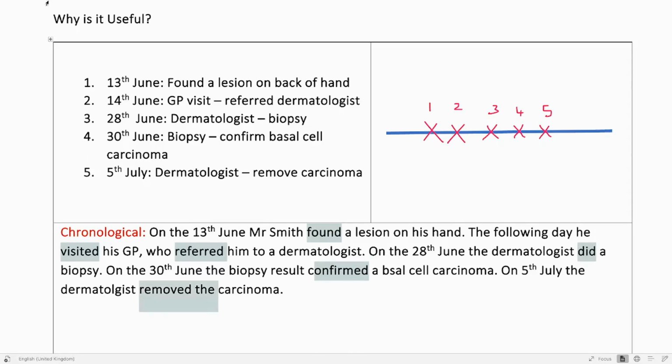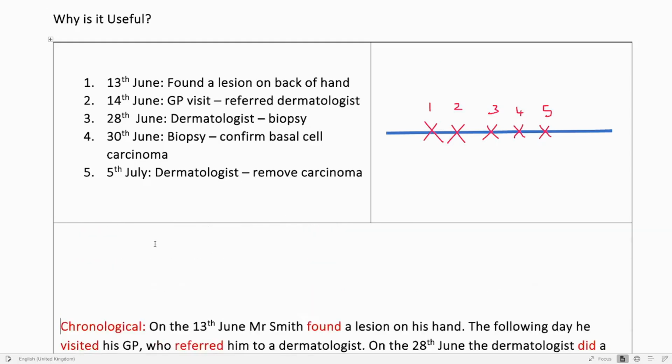They're all in the past simple. But maybe I could do it in a way which is slightly better. Maybe I could start my story here on the 28th. Okay, so I could do that. I could start there at point 3 and just refer back.